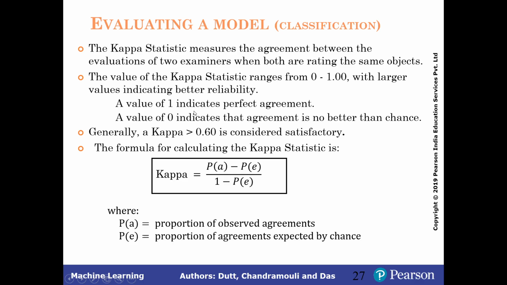Kappa values range in terms of probability from 0 to 1. 1 means perfect and 0 means there is no agreement at all, nothing but completely waste, you can say. The formula is P of A minus P of E by 1 minus P of E, where E is for expected agreements and A is the agreed or observed agreements.